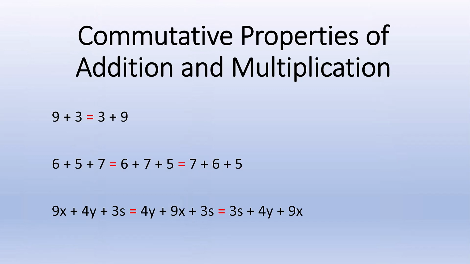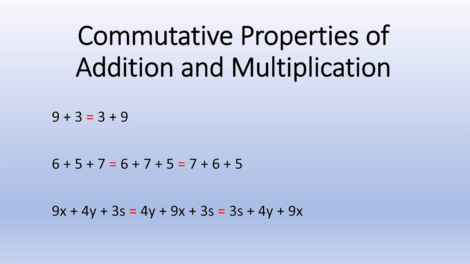So let's take a look at the commutative properties of addition and multiplication. So what does that mean? Commutative means that when you're dealing with a problem that involves only addition or only multiplication, there are certain things that you can do.